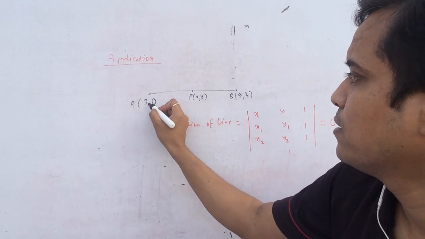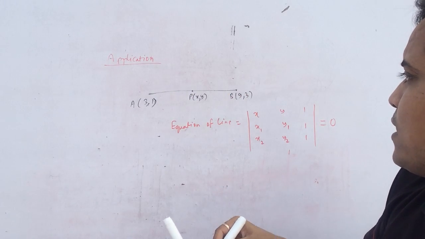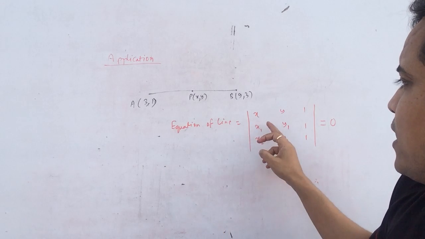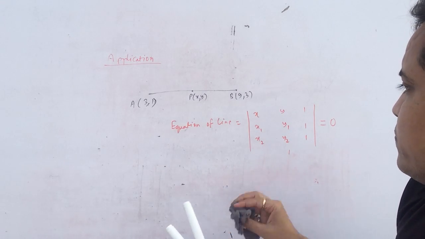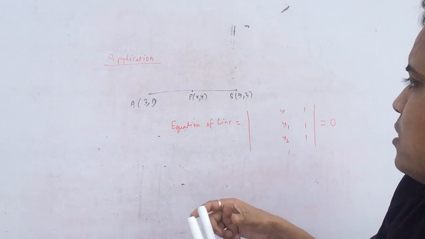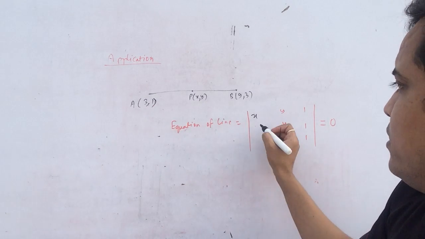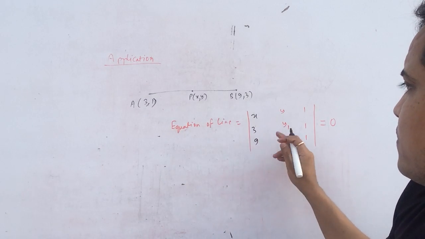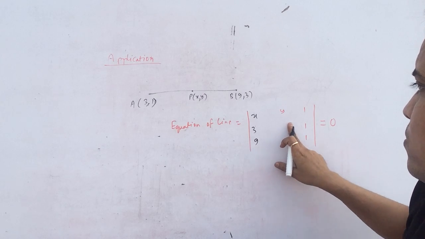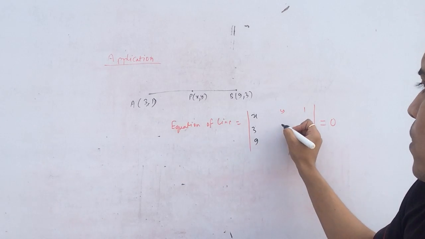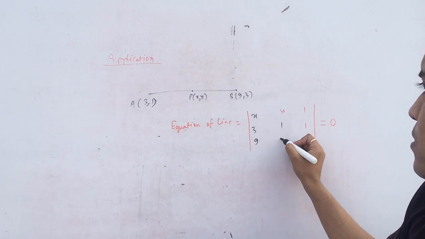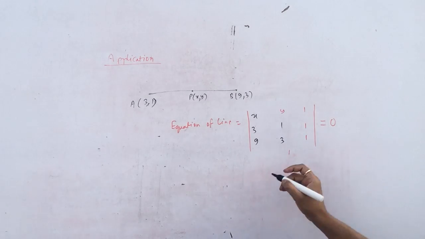So the equation of the line is: x, x1, x2, where x1 is 3 and x2 is 9; y, y1, y2, where y1 is 1 and y2 is 3; and 1, 1, 1, equal to 0.